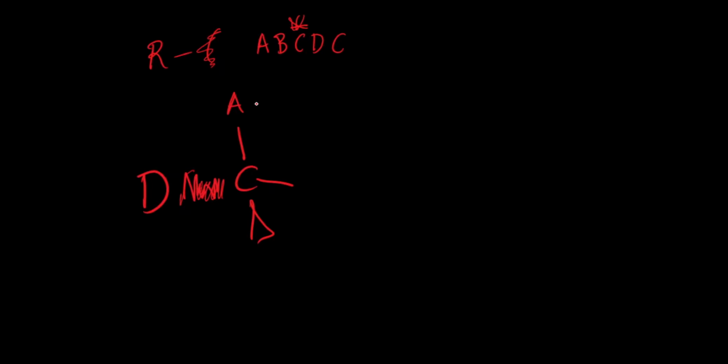Now I know that for an R configuration I have to move in a clockwise direction from the highest priority group. We have decided to attach our highest priority group to a solid line, and we know that for an R configuration we need to move from the highest priority group to the third group in a clockwise direction.